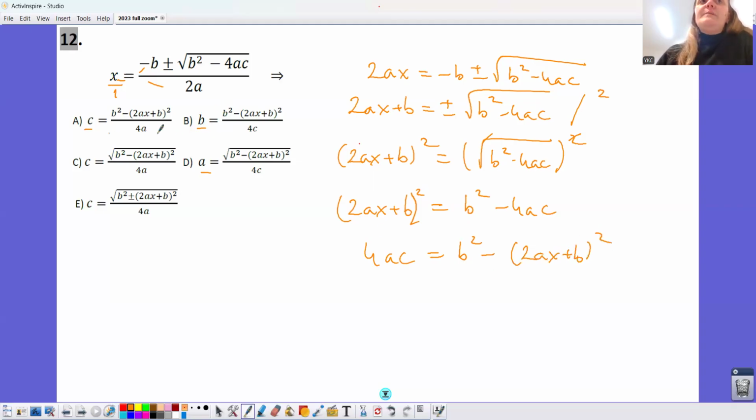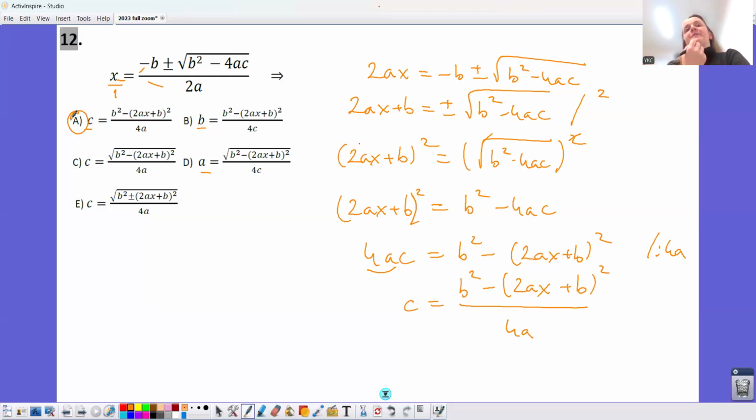So look here, I will check A and C. The others are not working when you see the operations. So if I find c only, I need to divide everything by 4a. So b squared minus (2ax plus b) squared over 4a, which is the answer A here.